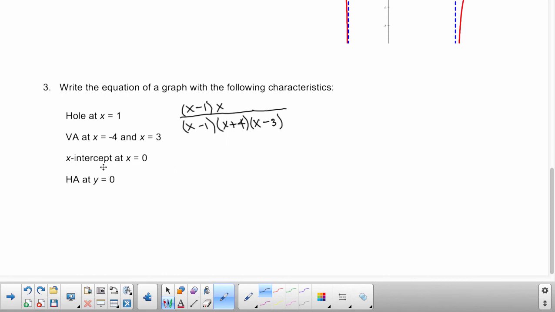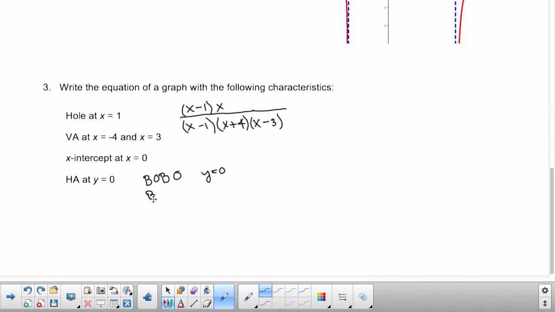Finally, we look over at the horizontal asymptote at y equals 0. Remember, the horizontal asymptote corresponds with the e in RADII, our end behavior. With end behavior, we're looking at the degrees of our top and the bottom. We have 3 possibilities. We could have bigger on bottom, and that's BOBO, or y equals 0 for our horizontal asymptote.